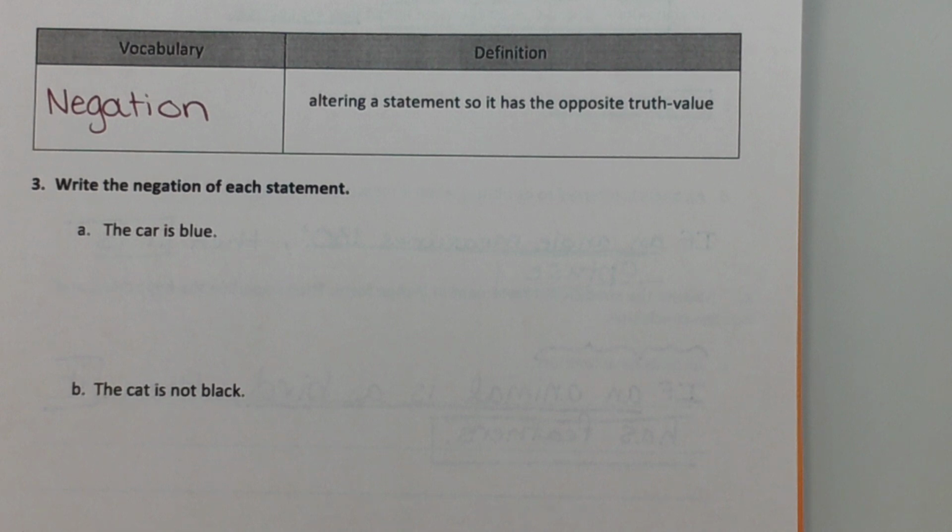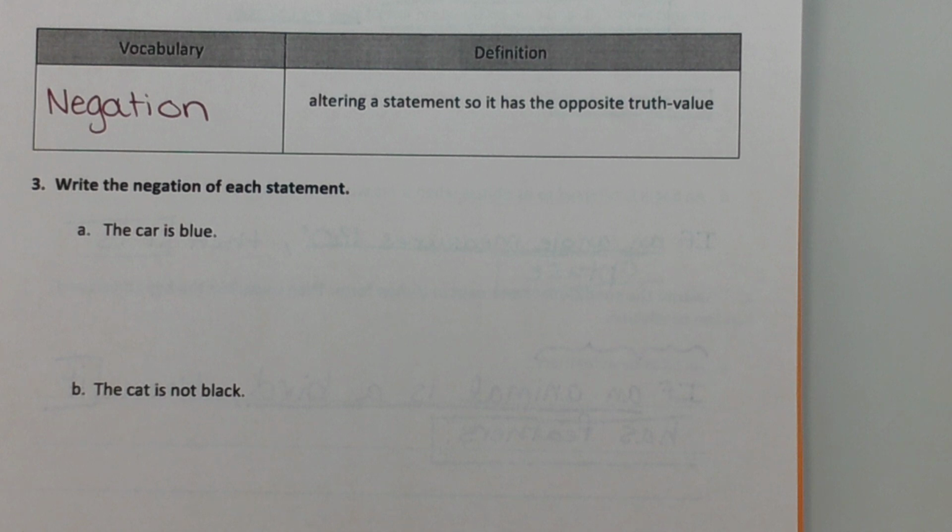The sky is blue. If I said the sky is blue, on a typical day, would you agree with me? How do I say a statement talking about the same thing that's false? I would say the sky is not blue.